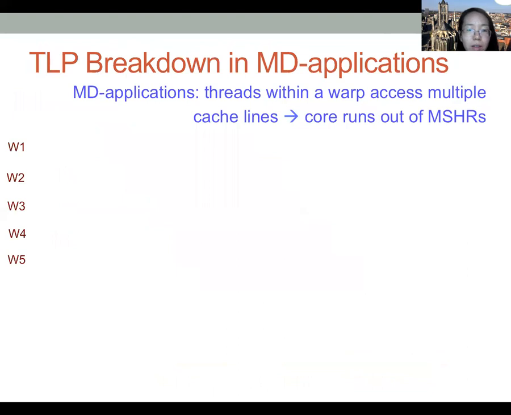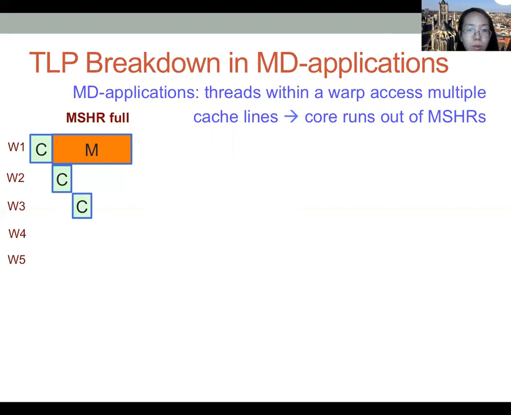However, the thread-level parallelism breaks down in memory divergent applications. In memory divergent applications, threads within a warp will access different cache lines and the core will run out of MSHRs. Warp 1 issues a compute instruction and a long latency memory instruction, which leads to MSHR full. Then warp 2 issues a compute instruction. The memory instruction in warp 2 cannot be issued until an MSHR is available.